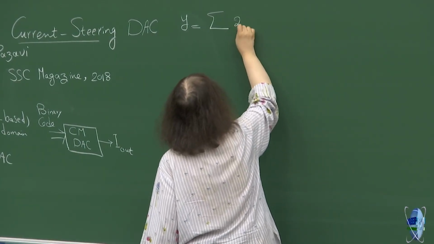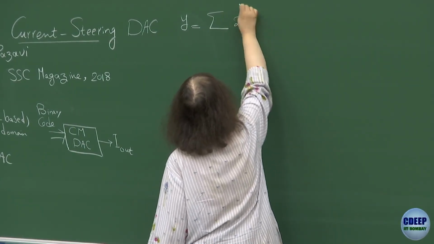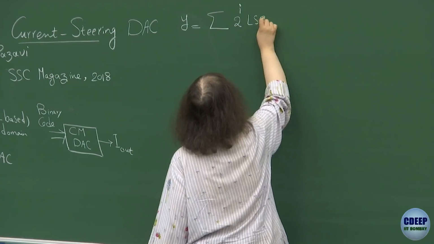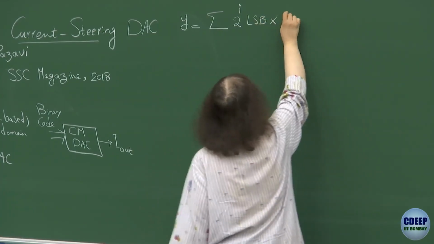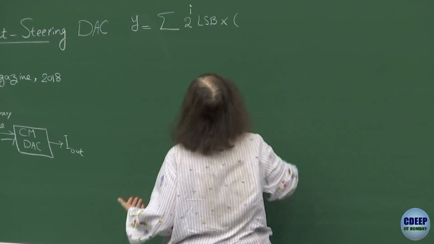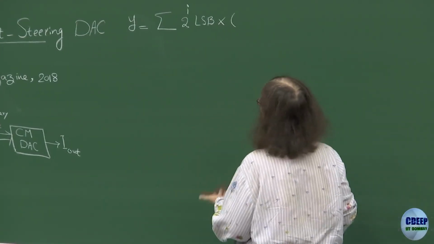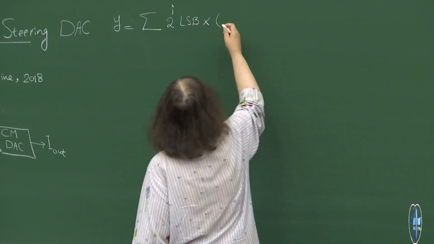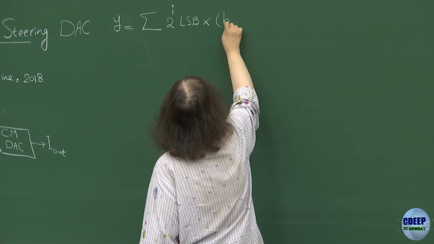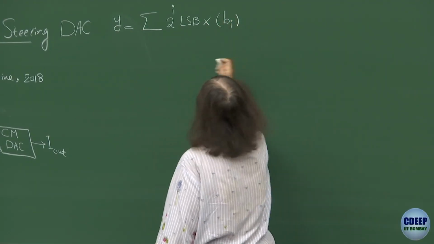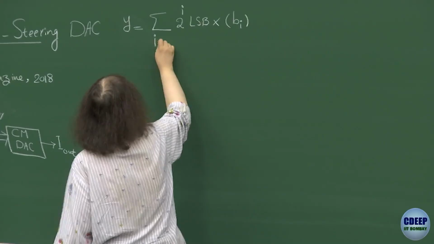So it's 2 to the power i multiplied by LSB, multiplied by the value of i, which is either logic 1 or logic 0, so just the value of Bi. That is the generic explanation.